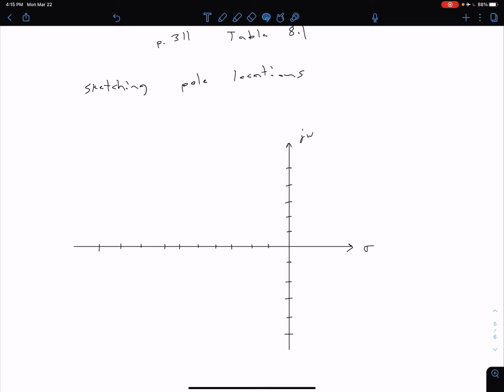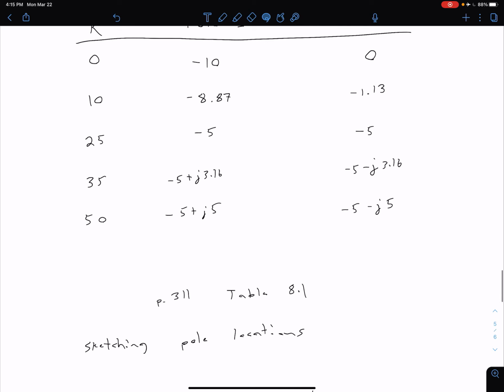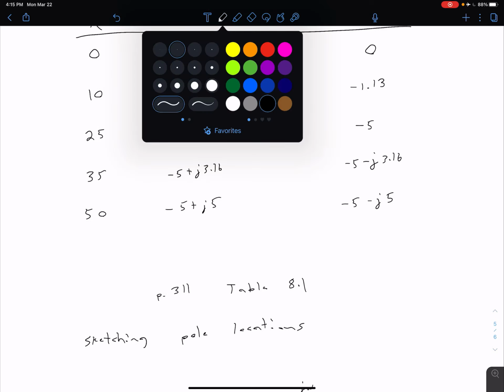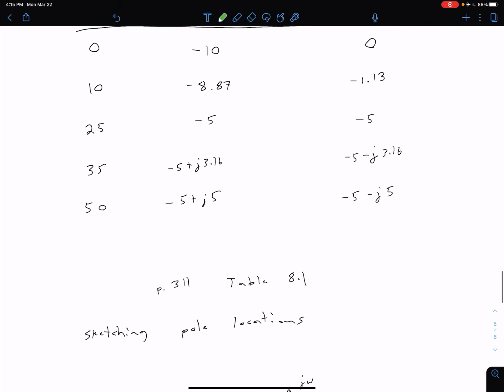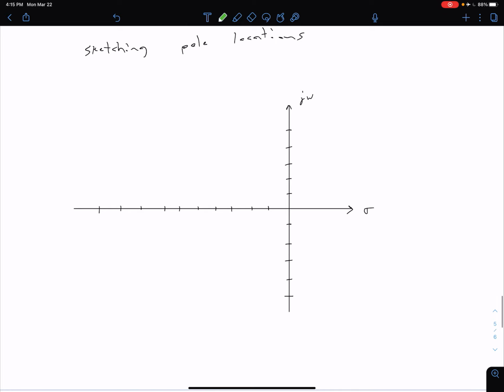Let's start with our gain of 0. For a gain of 0, and let's do this in green, our poles are going to be at negative 10 and 0. If I come down here, I've got little markers, so we can count out: here is negative 10, and here is, of course, 0, so this corresponds to k equals 0.